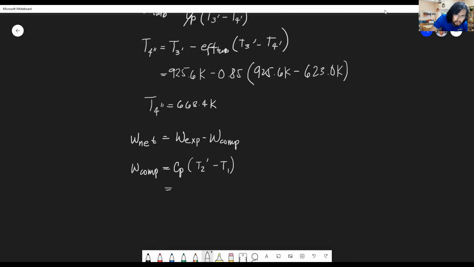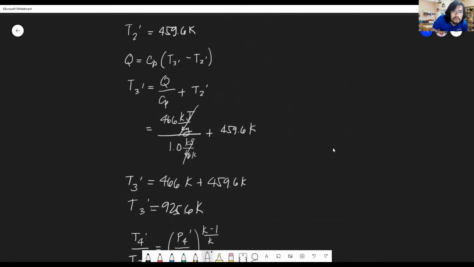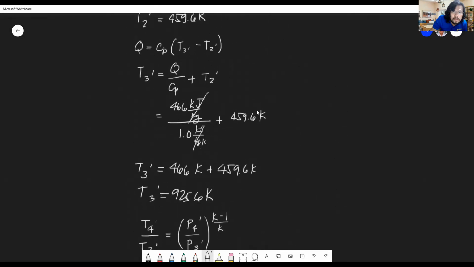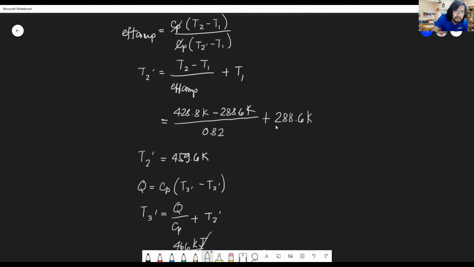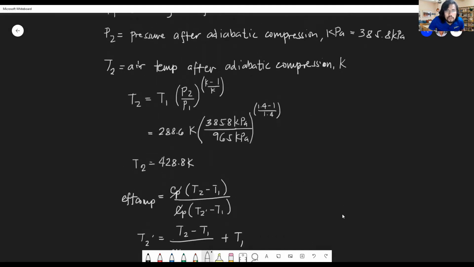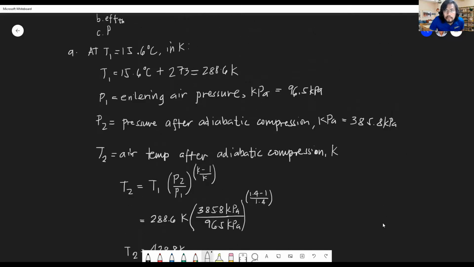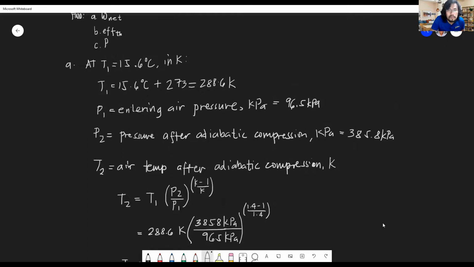This is just 1.0 times 459.6, T2 prime, minus the T1, which is our original 288.6.